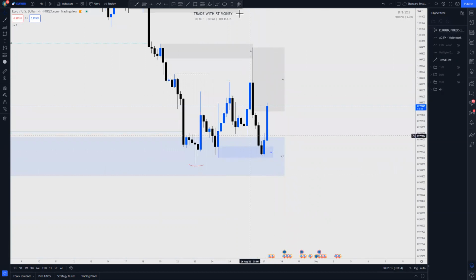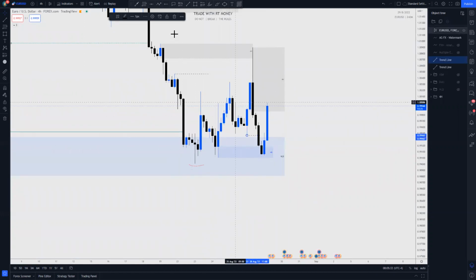When price broke this low here, this was evidence that price intends to go lower, that there's a possibility that this pullback may be over.